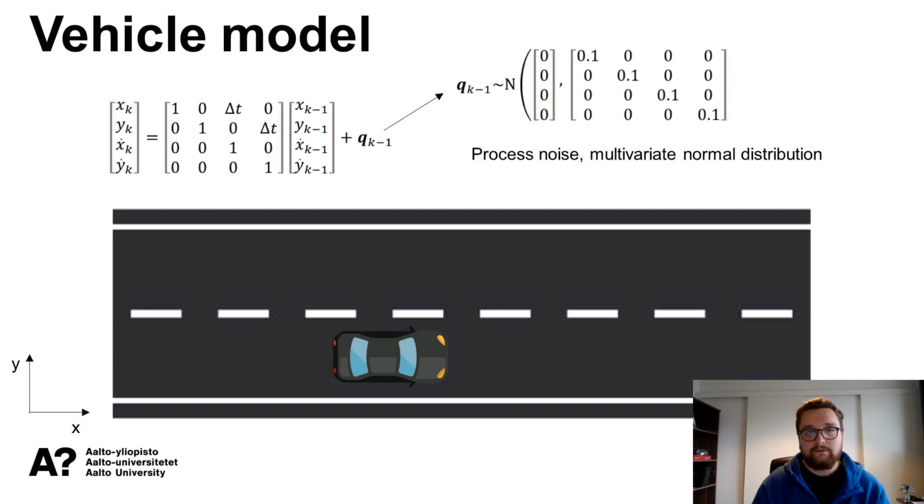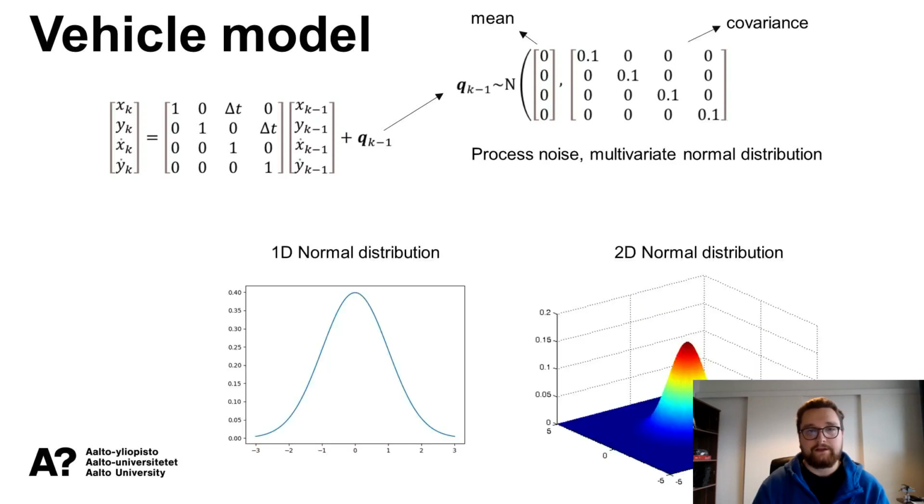And well, if you are not that familiar with multivariate normal distributions, Gaussian multivariate distributions, this vector on the left, that is the mean, and on the right, this matrix, this is the covariance.